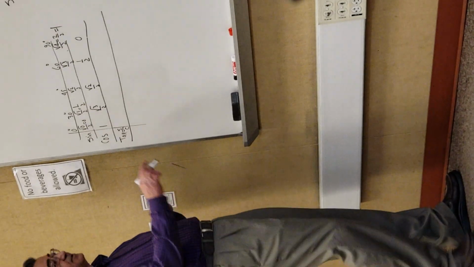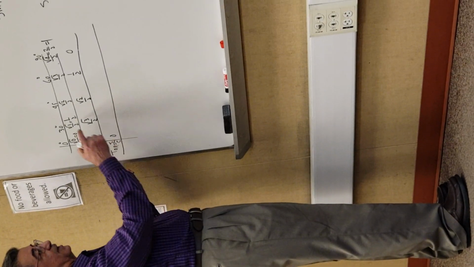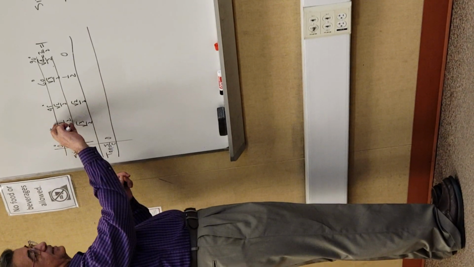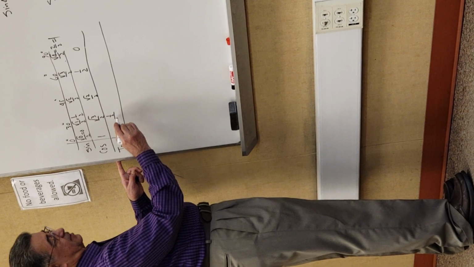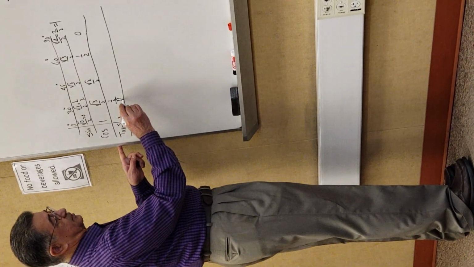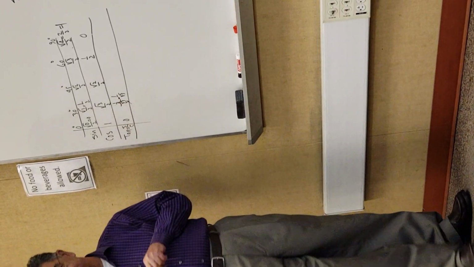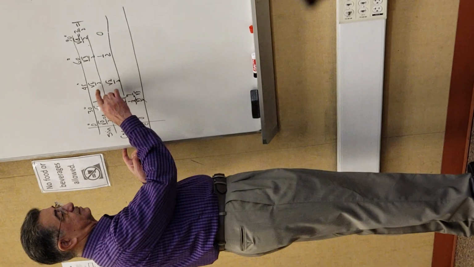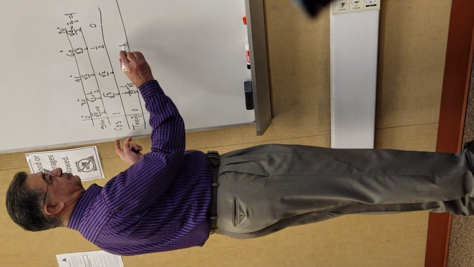For example, 0 divided by 1 is 0. If I divide these two, what's going to happen? 1/2 divided by square root of 3 over 2, I get 1 over square root of 3, isn't it? Divide these two, you get 1.